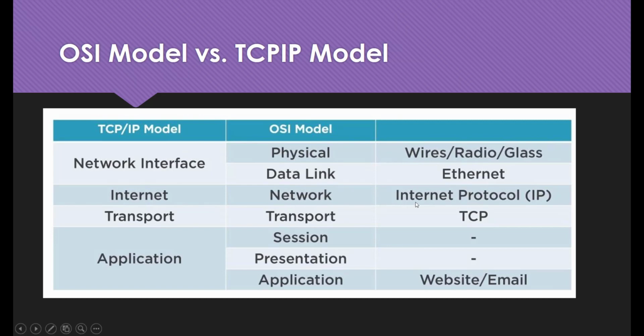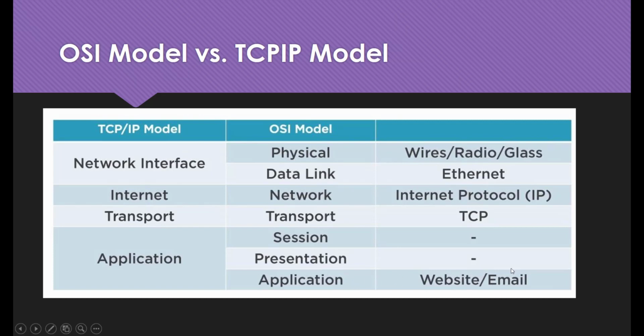Then we have the network layer, which is the Internet protocol, IP, or IP version 6 protocol, that is used. The transport, which is TCP or UDP, at the transport layer. We also have session, presentation, and application, which is like the website or the email.